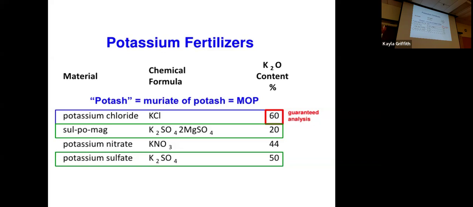We're mostly adding potassium chloride, but together we confusingly call these things a muriate of potash, which is supposed to be some way of standardizing the amount of potassium in your fertilizer material, which also confusingly dates back to the different ways people used to extract potassium from wood ash or potash. But just know that a muriate of potash is a way of standardizing the material based on the availability of potassium.